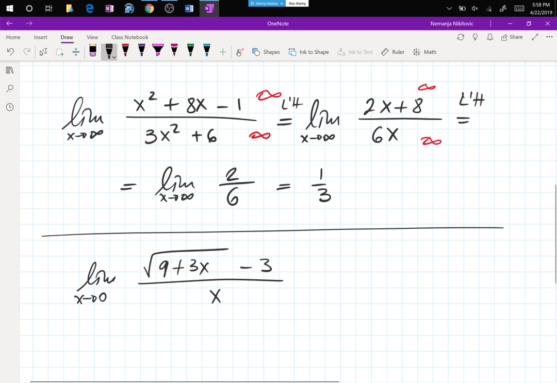Is this indeterminate form? Yes, it is. You plug in 0 for x, you get square root of 9, which is 3, 3 minus 3 is 0, divided by 0. So you get 0 over 0 indeterminate form, which means that we can unleash L'Hopital upon this problem.